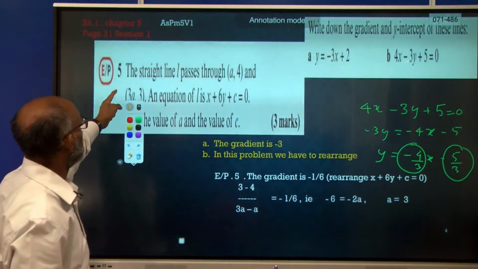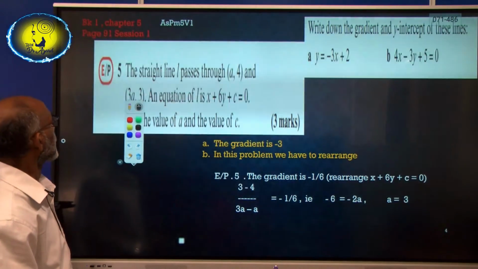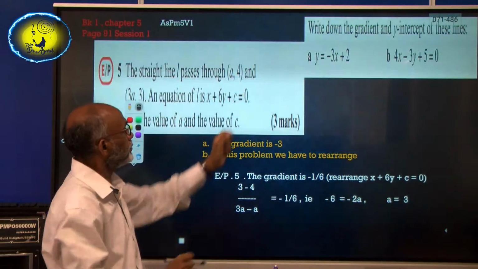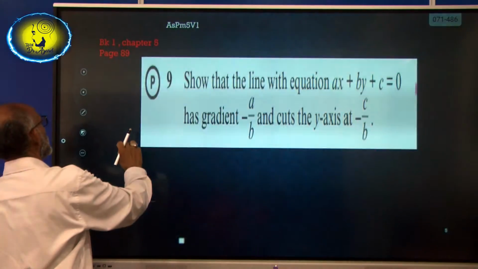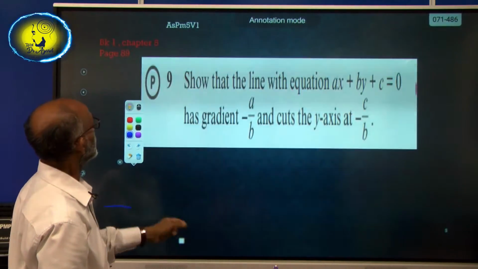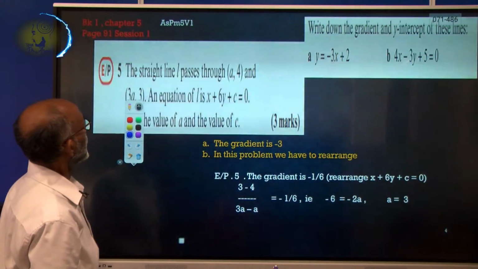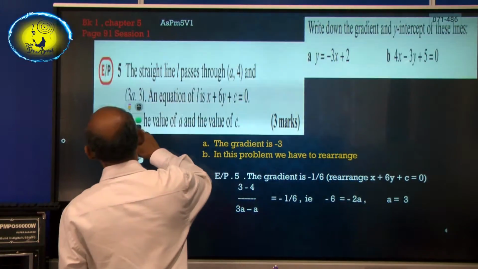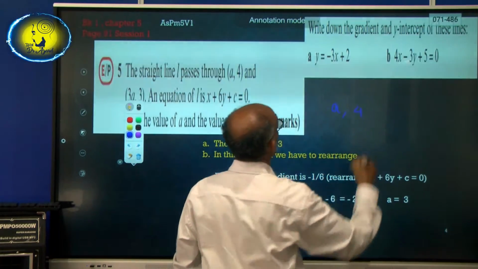Let's do another example. The straight line L passes through, we are given 2 points. One is a and 4.